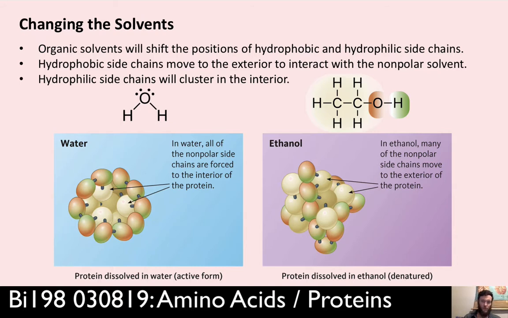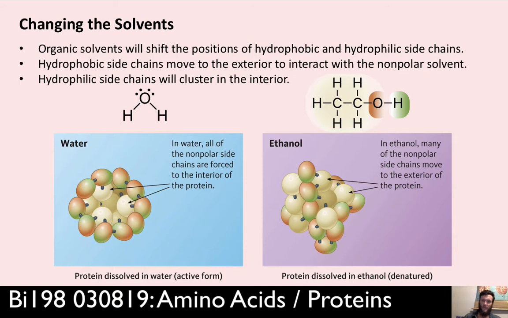Here on the left is some sort of idealized protein surrounded by water, and it's ordered properly. And then we put it in ethanol, or alcohol, right? It's a type of alcohol. It's drinking alcohol. Ethanol is polar in the hydroxyl group, the alcohol group that's on one end of it, much like water, but it's got this big nonpolar end to the molecule.